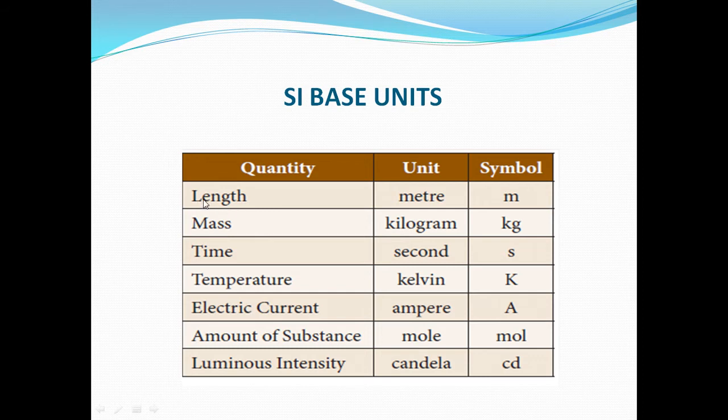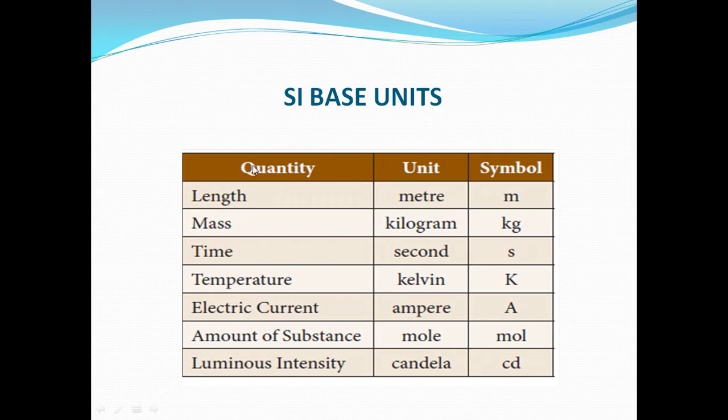Already you know length is measured in meter, mass unit is kilogram, and time is measured in second. In this class we learn about temperature, electric current, amount of substance and luminous intensity.